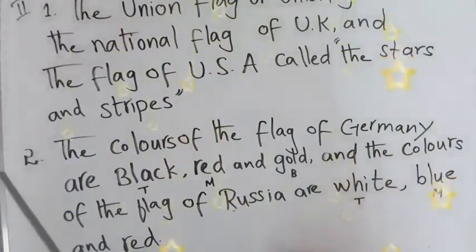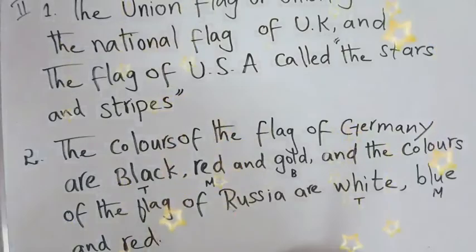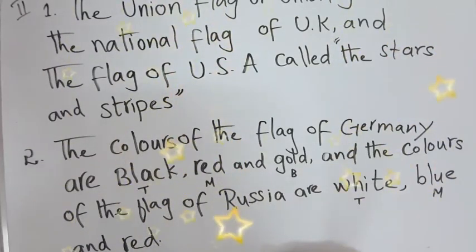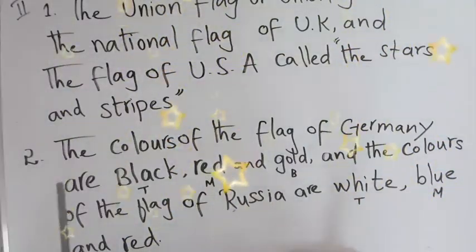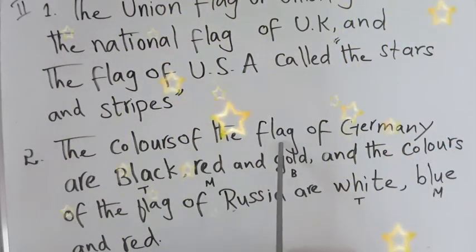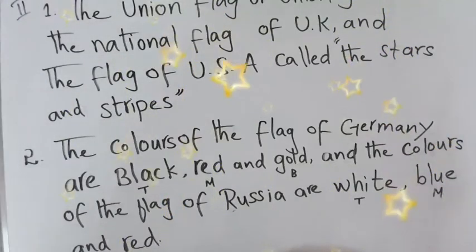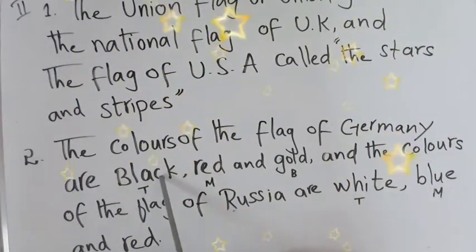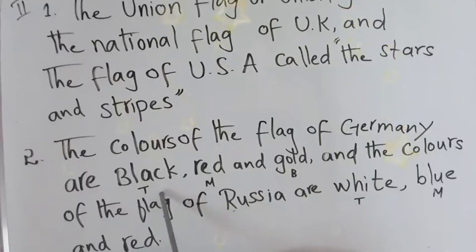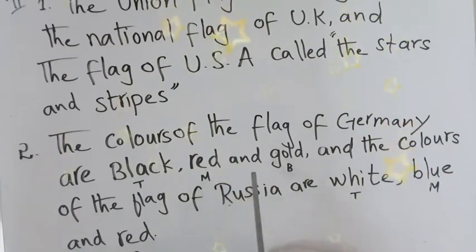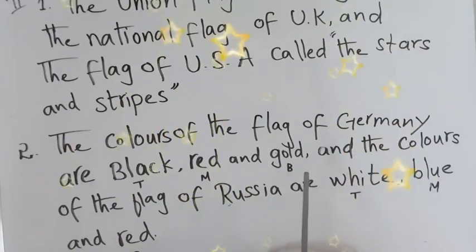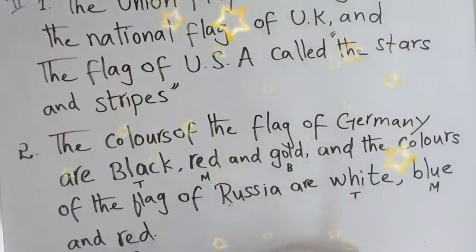Now our next question is, what are the colors of the flags of Germany and Russia? The colors of the flag of Germany are black, which is at the top, red, which is in the middle, and gold at the bottom.